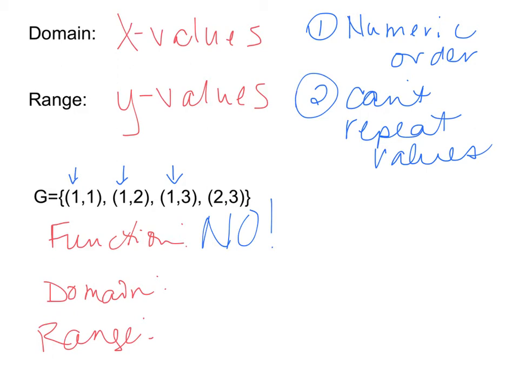So the domain is just a list, and remember it's in numeric order. So my domain is going to be {1, 2}, and my range is going to be {1, 2, 3}. Now notice I have a different number of values in my domain and my range. That's fine.